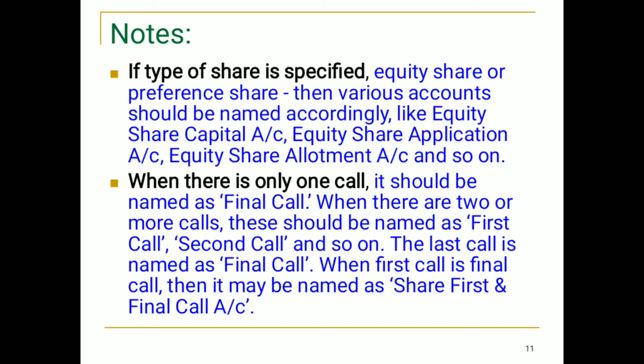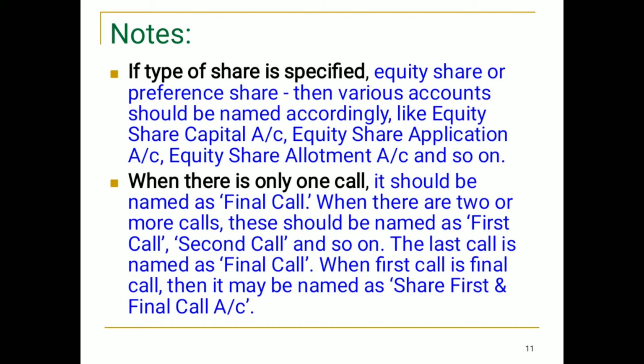When there are 2 or more calls, they should be named as first call and second call. The last call is named as final call. So here the second call will be named as final call.